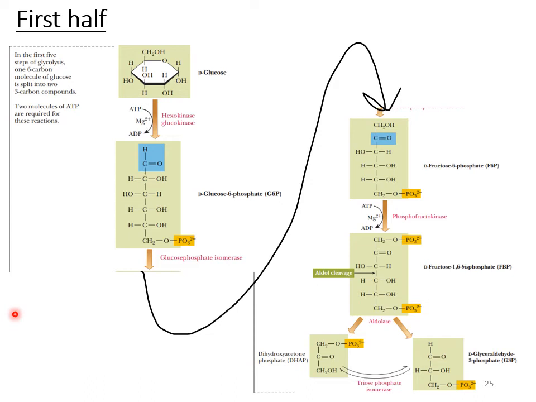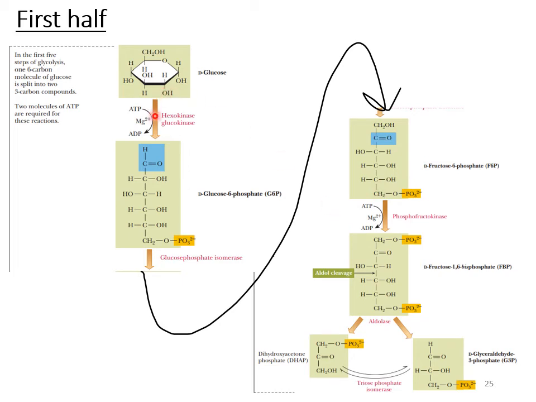Now, when you see any of the kinase enzymes mentioned, so you see it here and you see it here again, please remember that kinases are any of the enzymes that are ATP dependent and will transfer a phosphate group from ATP to whichever substrate they're phosphorylating. So that's why you see that ATP is required here and ATP is required here, because both of these enzymes are kinases.